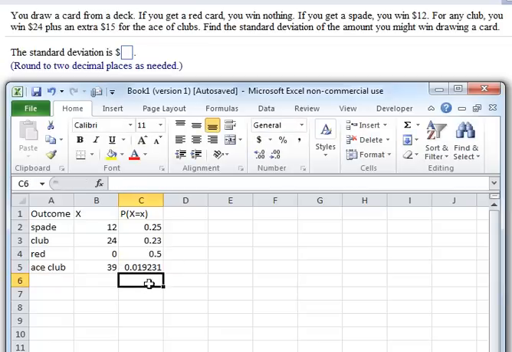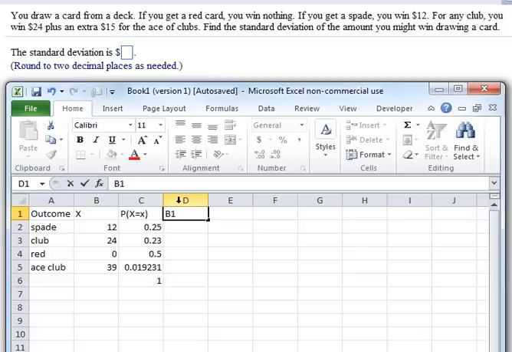You always should check that your probabilities sum to 1, so you can just click on the sum there. You do get 1, so that's good. All right, to get the mean, you have to do x times the corresponding probability. So that's going to be B1 times C1.